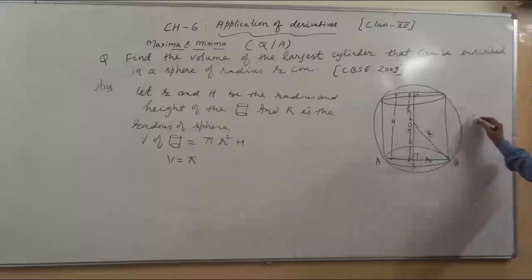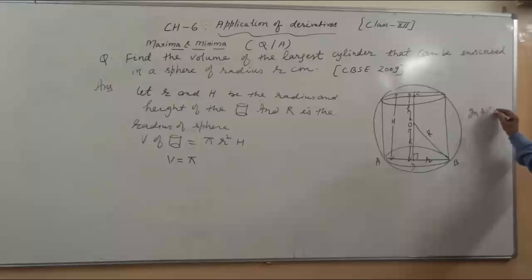From here we can say in triangle ODB, capital R square equals h square plus r square. So the value of small r square equals capital R square minus h square.